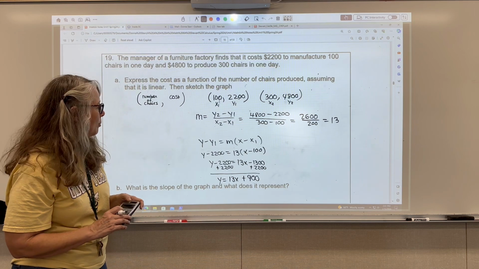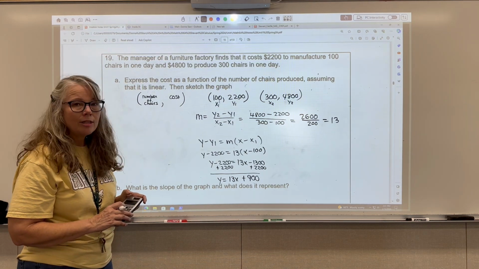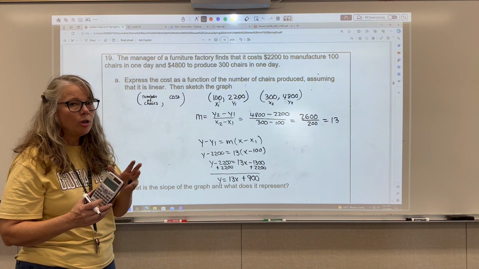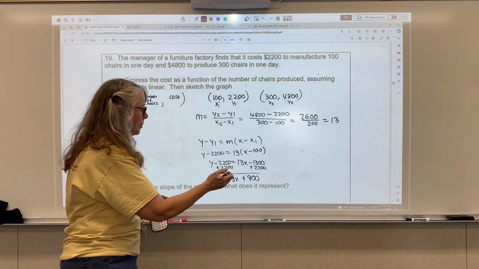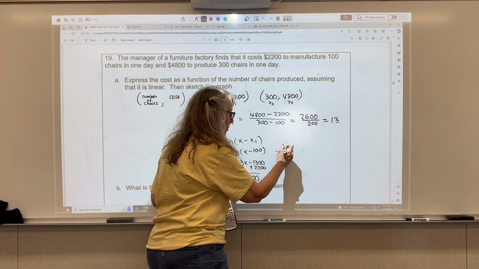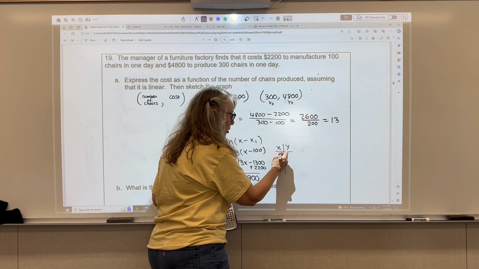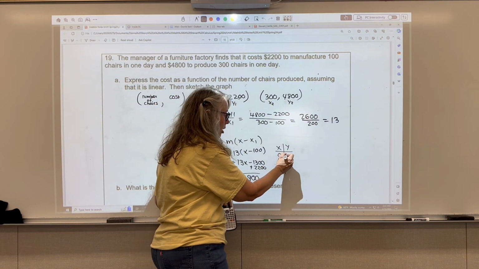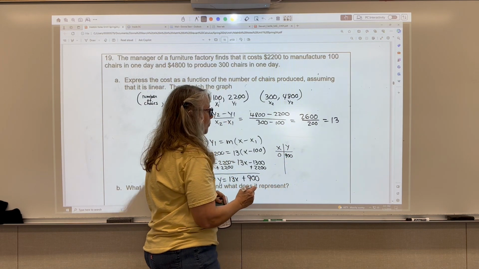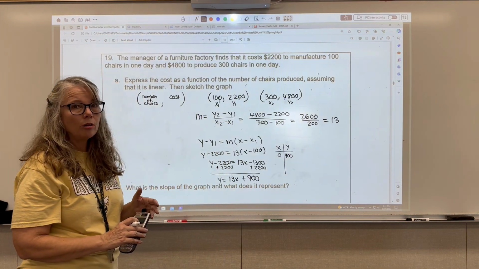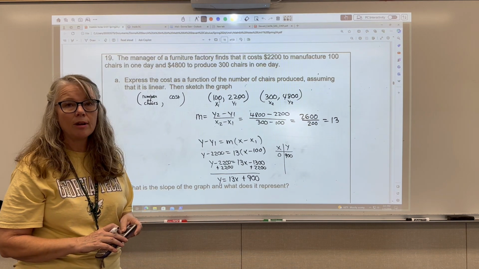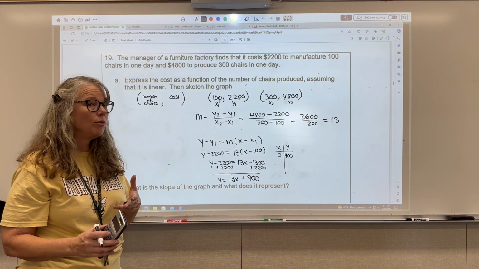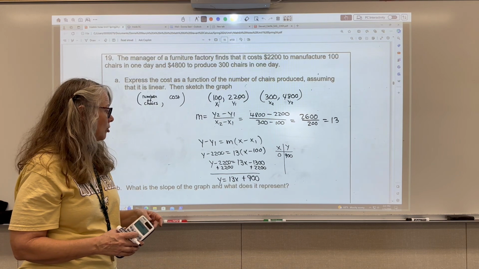And so my graph is going to look a little silly. I could make 0 chairs, right? So if I'm going to sketch the graph, I know it's linear, 0 chairs I could make. I'm not going to make negative chairs, and that would be 900. It's going to cost me $900. I don't know why. I'm having to pay for the building, and so even though I made no chairs, it cost me $900.